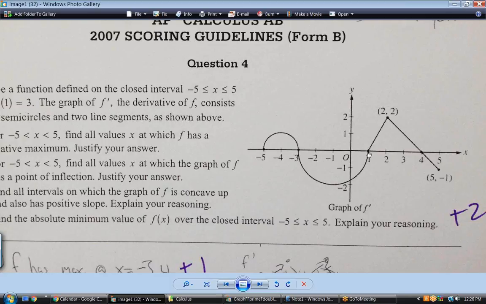And what were our other possible minimums? Slope had to go from negative to positive. So it's really, that was the only one. And the endpoints. So our answer has to come either at 1, at -5, or at +5.